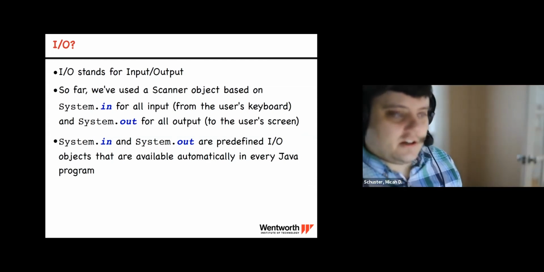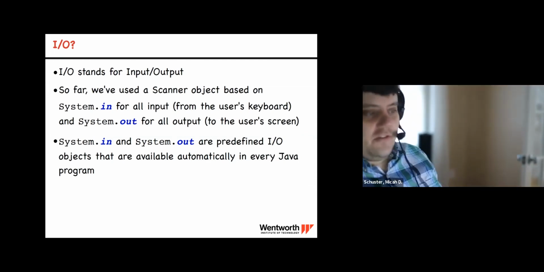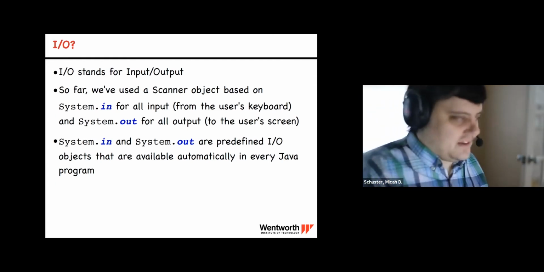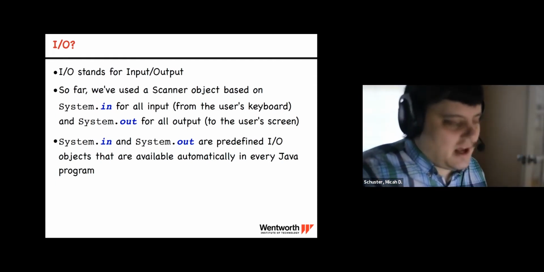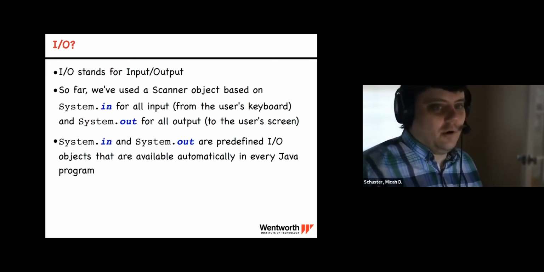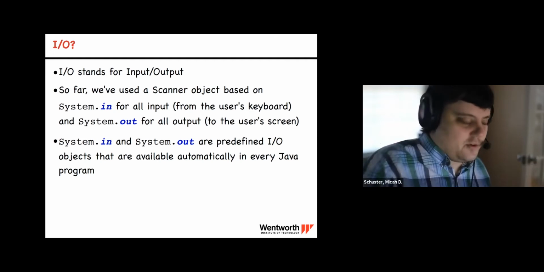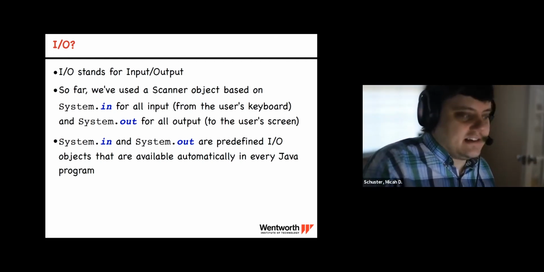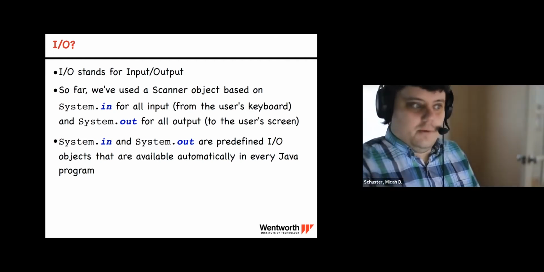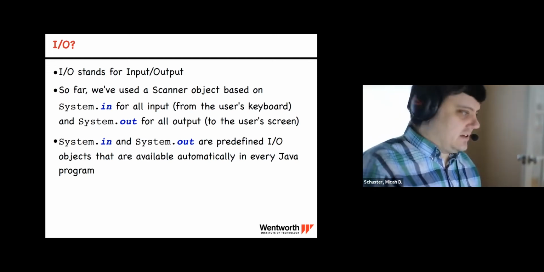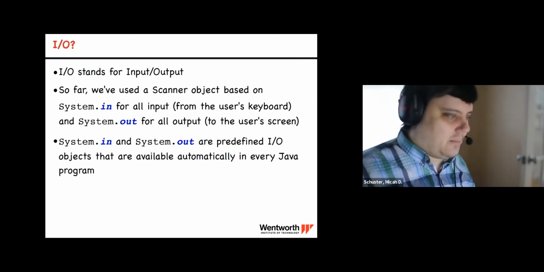We've used Scanner to read stuff in from the keyboard. So we have a Scanner, we send in System.in. We've seen System.in before, it just goes into the constructor for the Scanner object. So that's how we get stuff from the keyboard. And we have System.out for all of the printing to the screen. So we type System.out.printf, and that's how we output to the screen.